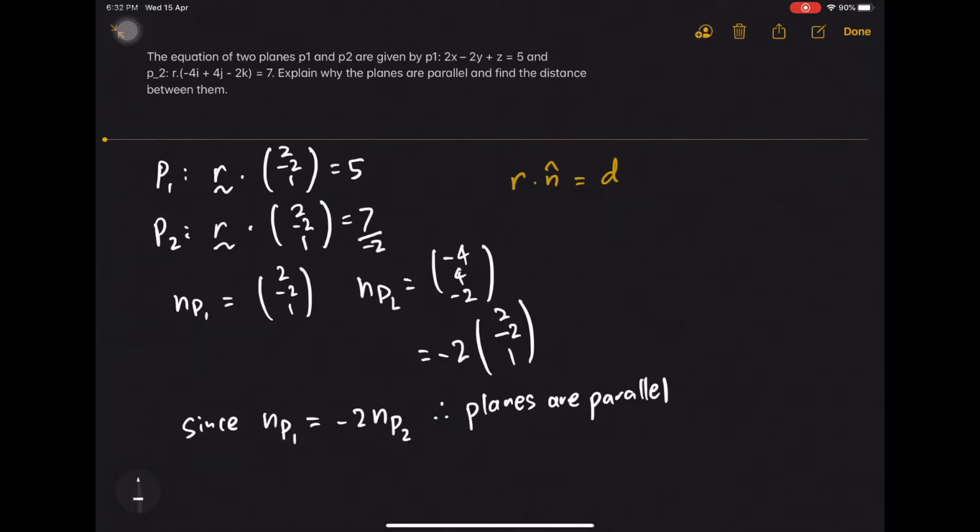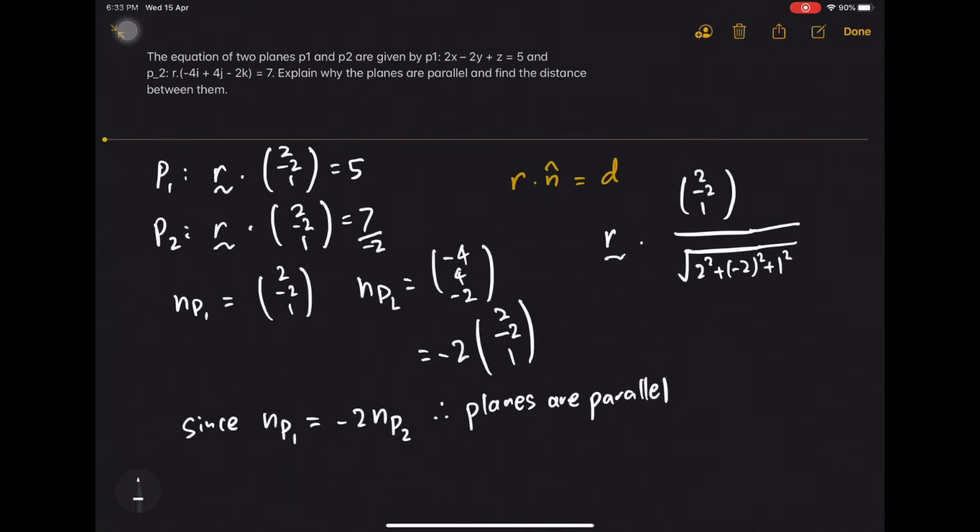So how are we going to find the distance between them? Let's try plane 1 first. I'm going to write this down. You can see the yellow formula I have here. That will be (2, -2, 1) over the square root of 2 squared plus -2 squared plus 1 squared.